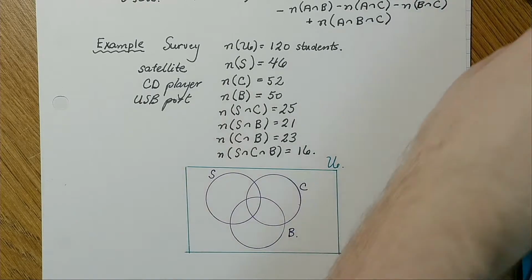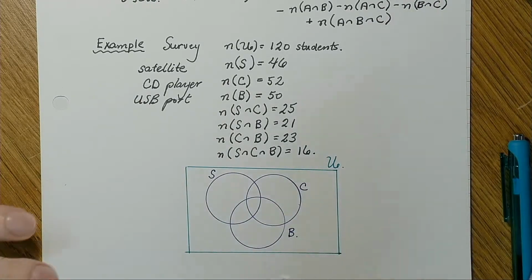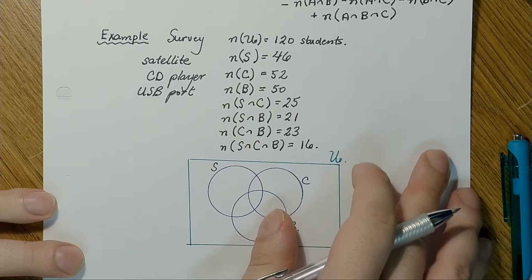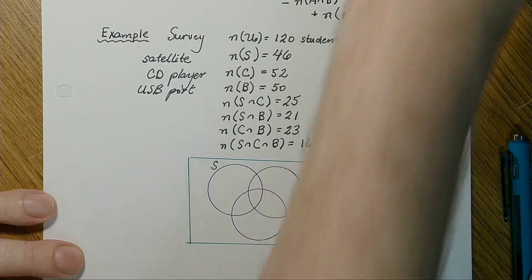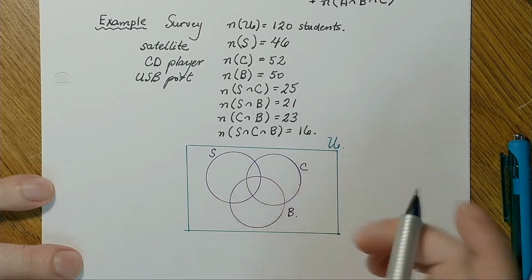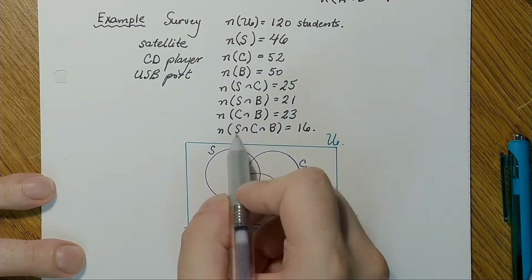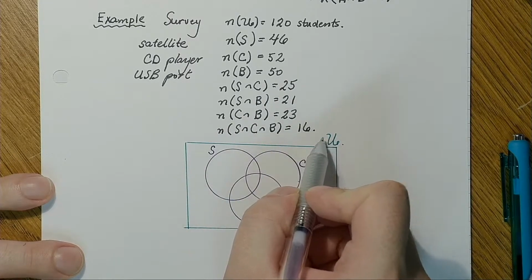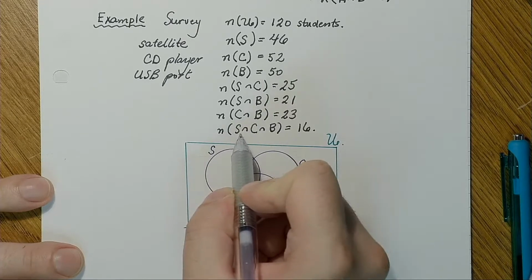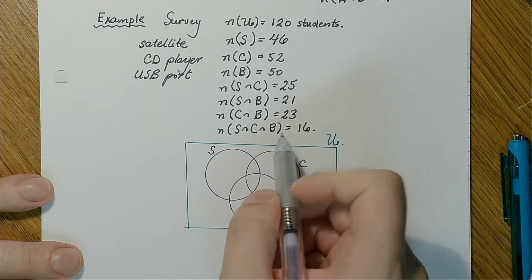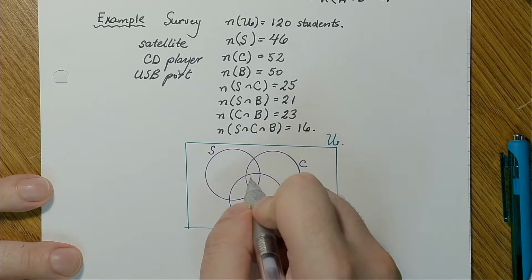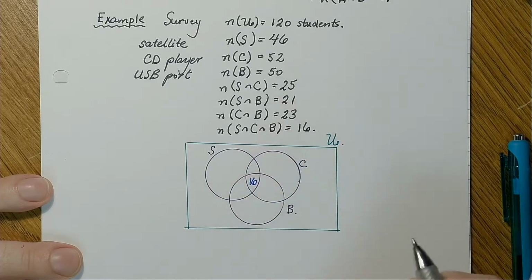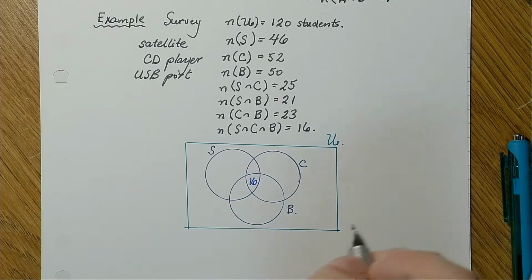So what we do then is we slowly work through this data that we're given, and we can fill in our Venn diagram. Let's start with this end piece of data right here, which is S, satellite, CD, and USB port. And so there's 16 students that have a radio like that. Okay?